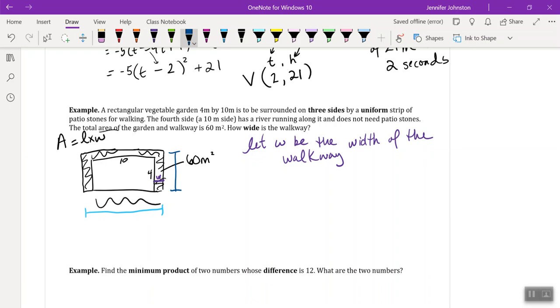That's what we're looking for, and everything is equal to 60. We know the area is 60. How long is this? If we're calling this W, well, there's a W over here and a W over here. So we've got W and 10, and then this is W, which is 2W plus 10.